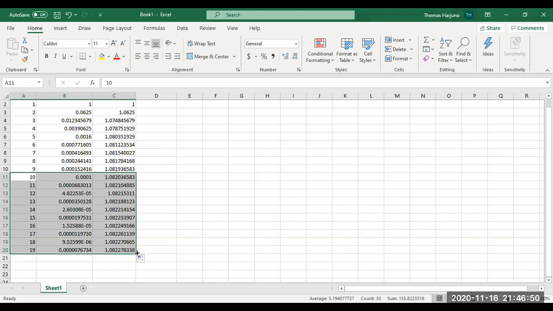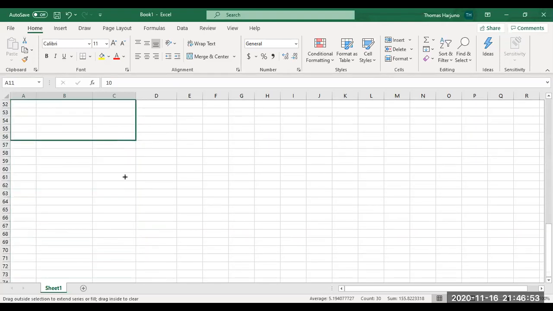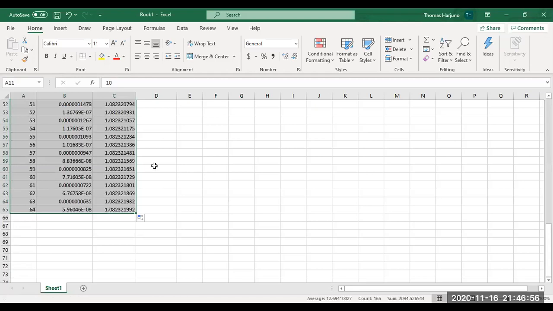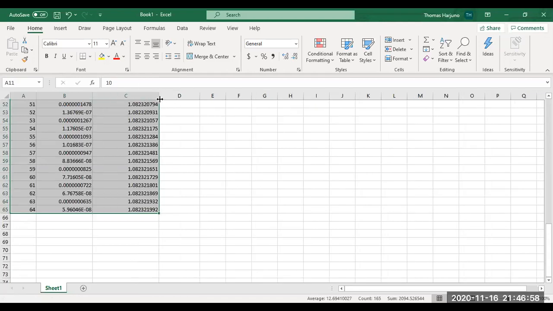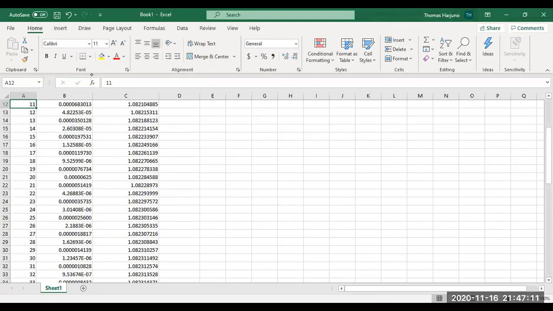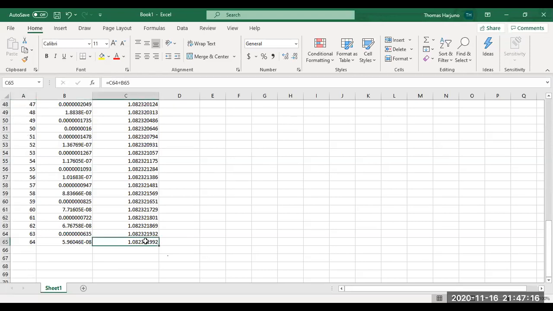Improve that further. Let's go up to 65 terms. 64 terms. So S64 is, oops, why am I, as I go to the 64th term, this is what I get.